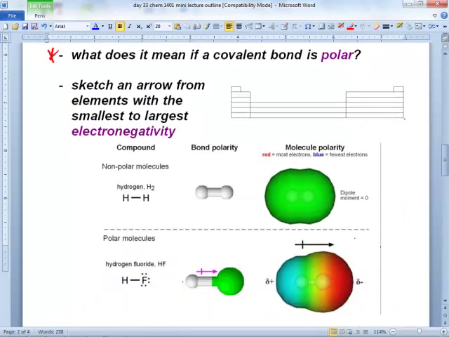Sketch an arrow. Now, how do you know where to put the partial negative? We skipped this last time, I think. Electronegativity. Okay, Kelly, which element on the periodic table is the most electronegative on the planet Earth? Now let me give you a hint what electronegative is. Electronegative means it really, really wants an electron, the most out of anything else up there. Which element is it going to be?